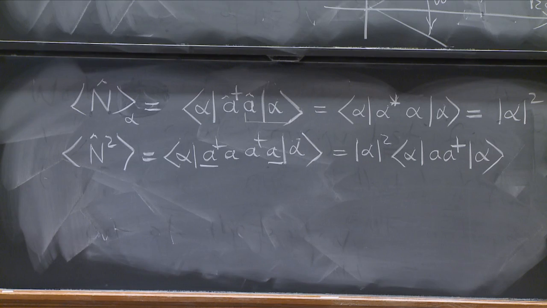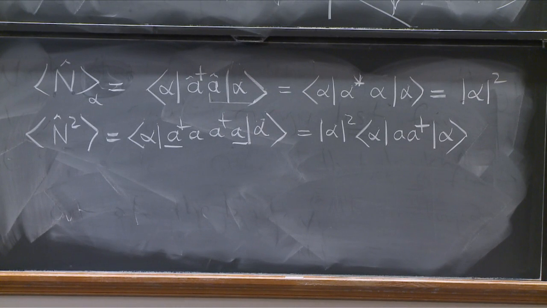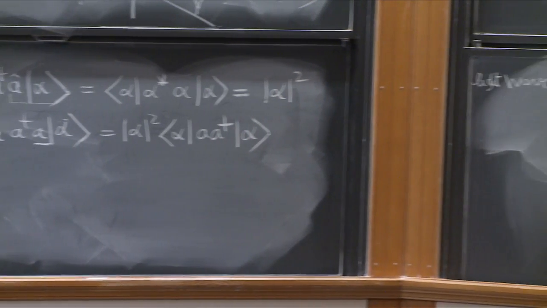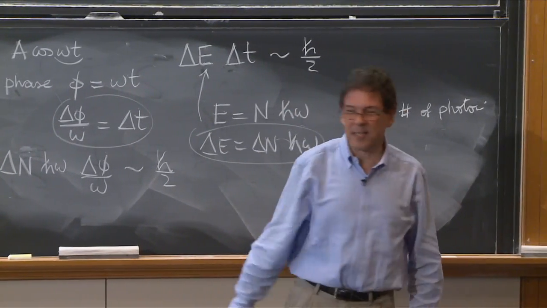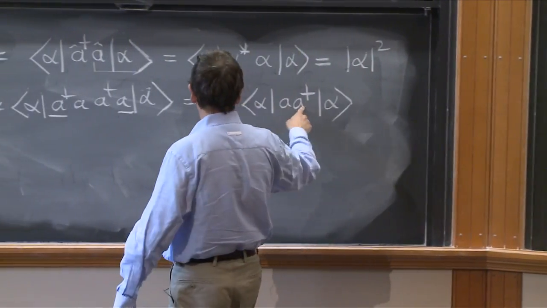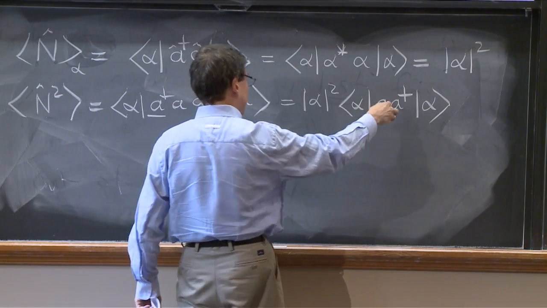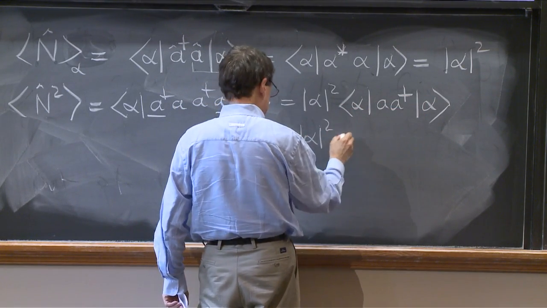And here, the A's and the A daggers are kind of in the wrong order, because I know what A is on a ket, but A is now on the bra. And I know what A dagger is on the bra, but now A dagger is on the ket. But the answer is simple. You replace this by the commutator plus the reverse order.